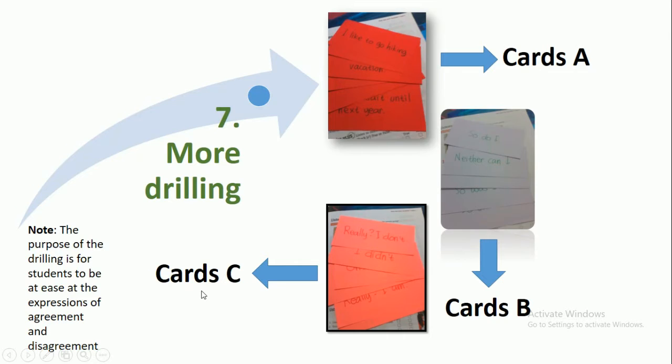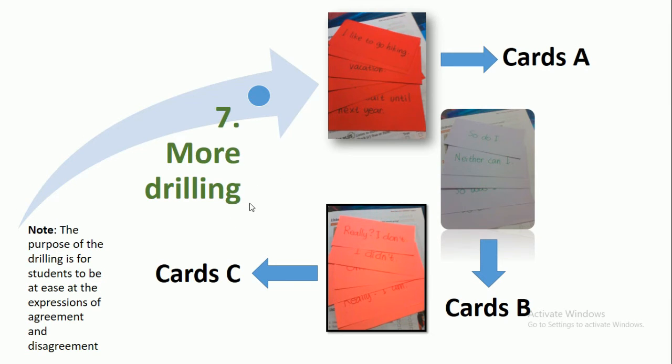Alright. Okay, so this is the second drilling. The purpose of this drilling is for students to be at ease at the expressions of agreement and disagreement. In this part, students are going to work in groups of 3. And then they will be given cards A, cards B, and cards C. Cards A are statements, cards B are expressions of agreement using so and neither, and then cards C are expressions of disagreement.